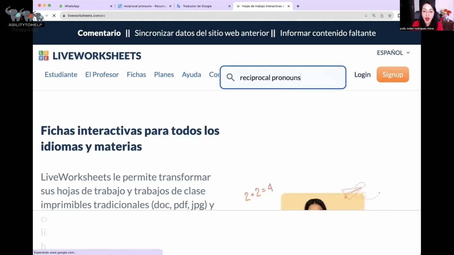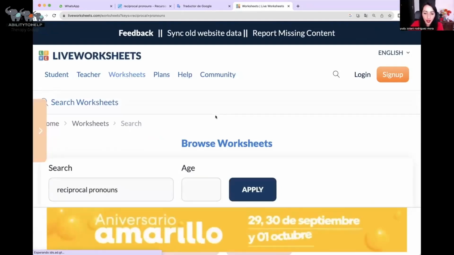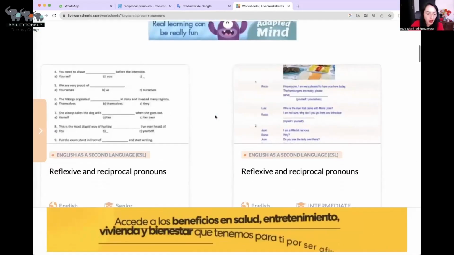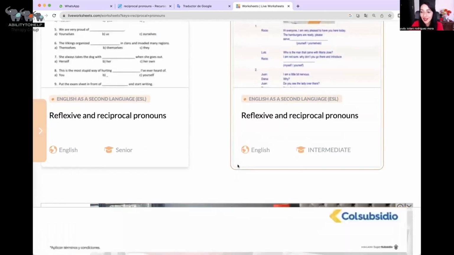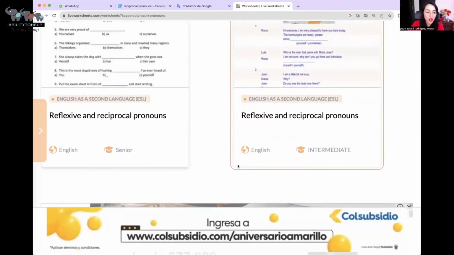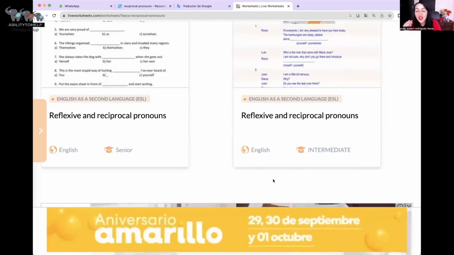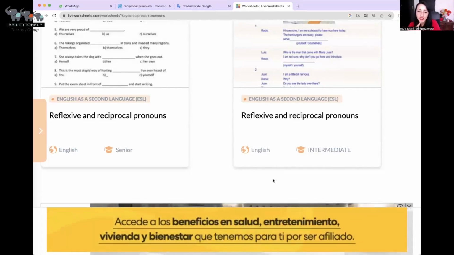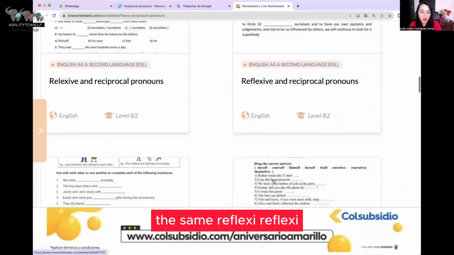And wait a moment for some activities about the reciprocal pronouns. Let's see. Here it says reflexive. I don't know, because I didn't explain reflexive pronouns to you. Maybe next class we could talk about it. Here, the same, reflexive.